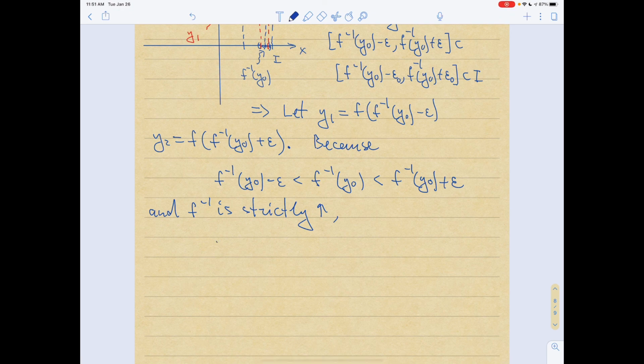Let's see, not because of f inverse, but because f is strictly increasing. So sorry.